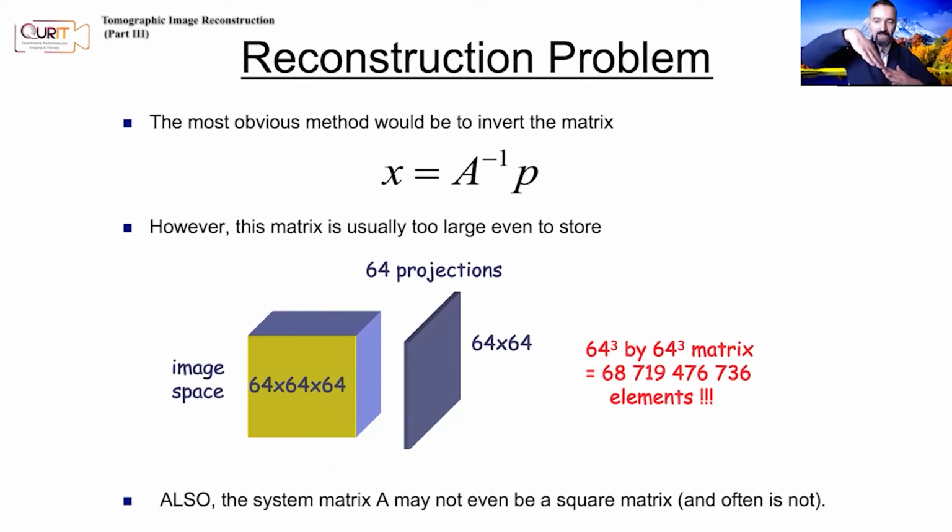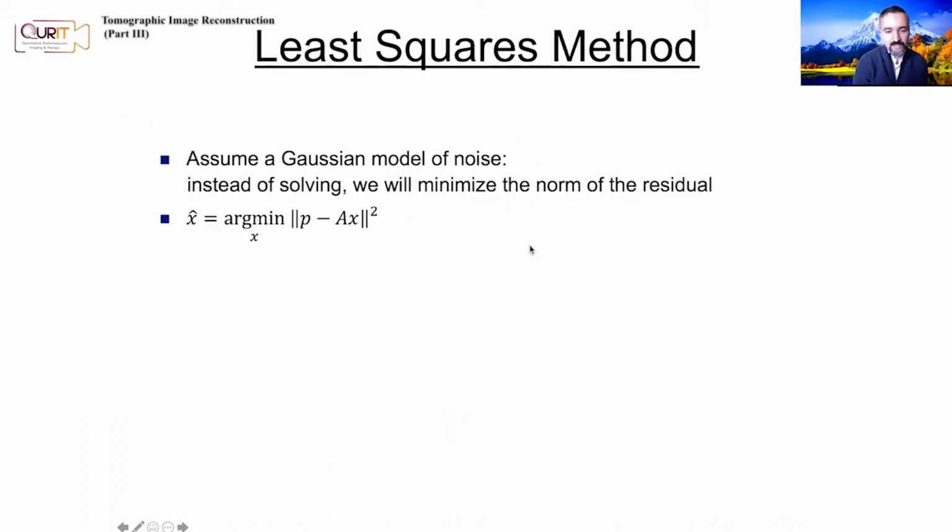For example, in 3D PET, when you have all those oblique angles, you end up over-determining the problem, which is good because it helps you reduce the noise in the reconstructions. But A is not even square, so this is not even a meaningful term because you cannot invert a non-square matrix. So we have to think of this differently.